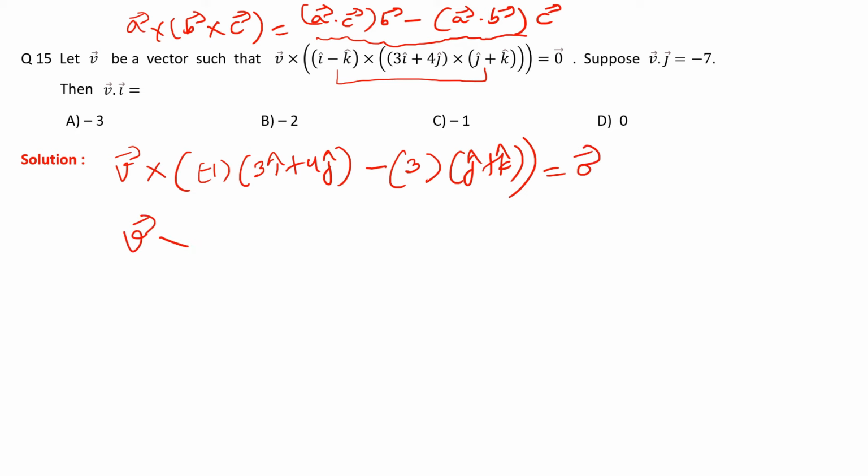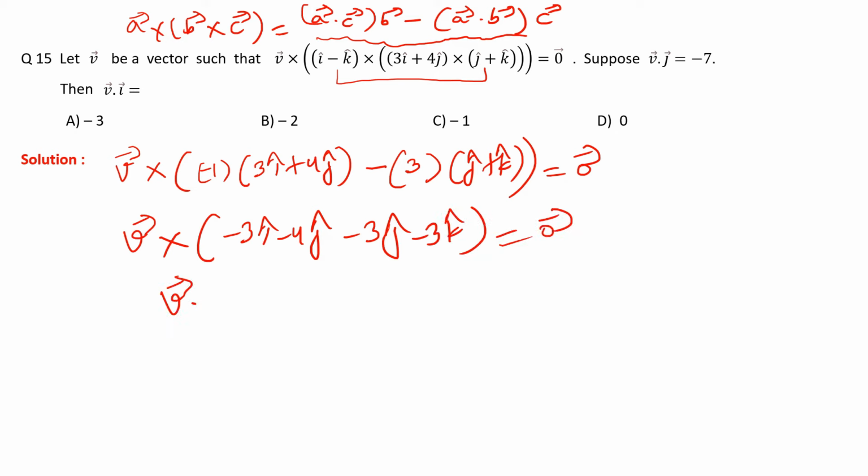So this is V cross. Inside the bracket I am going to get minus 3i minus 4j minus 3j minus 3k equal to null vector. So this is V cross. Students, just take out minus sign common. So you'll be getting V cross 3i plus 7j plus 3k equal to null vector.